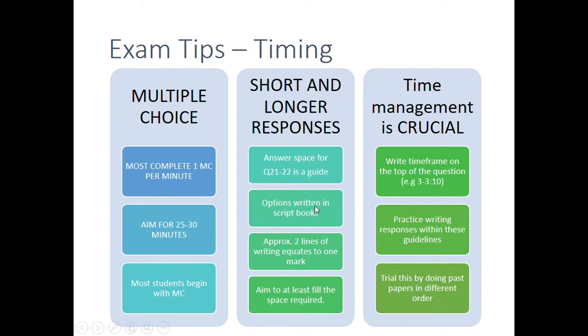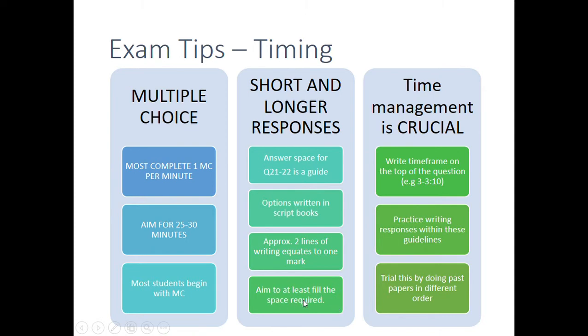Your option sections, so your sports med and improving performance, will actually be written in provided books, and we've talked about that, and I've shown you where you need to put the question number. You can only answer A in that section, and then if you don't use all that paper, you just have to flick through, find B, and continue with B. And if you do use more than one book, you do need to indicate that at the back.